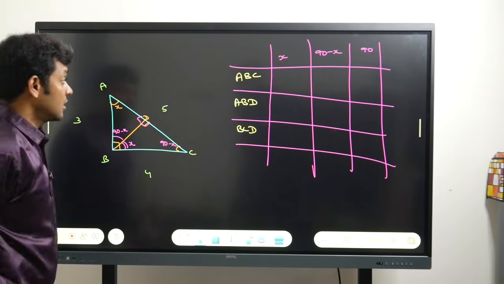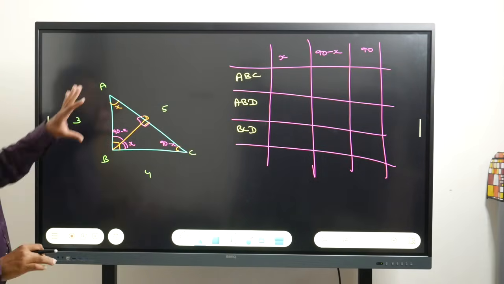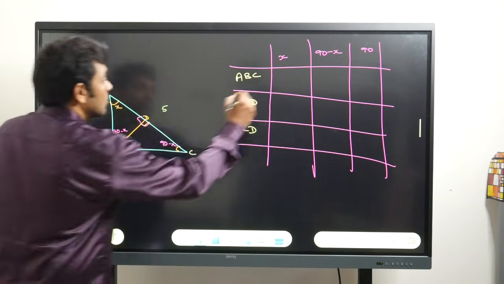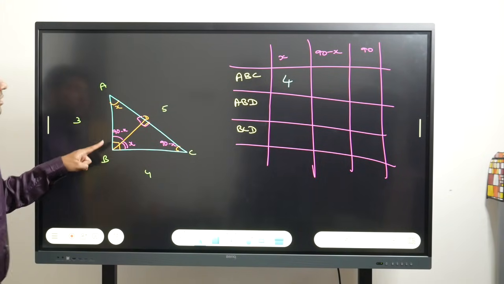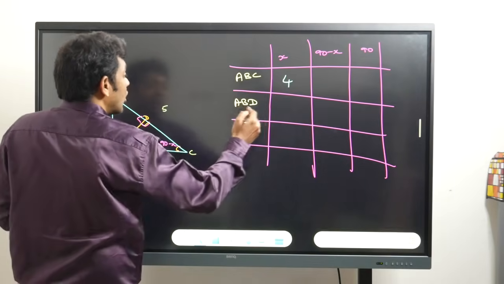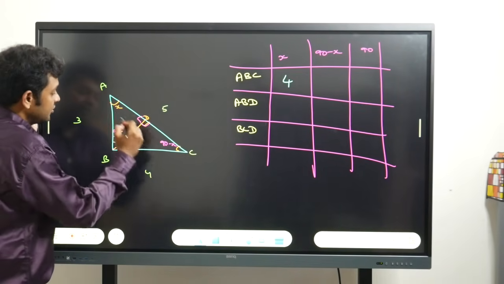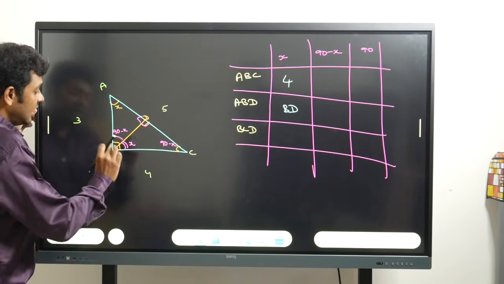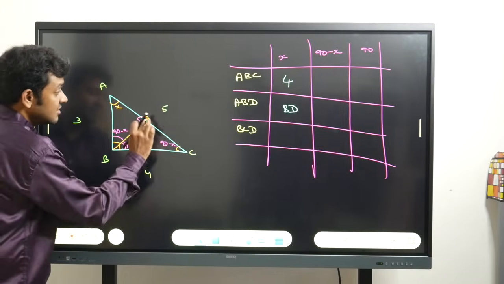Let's plot it. In triangle ABC, the bigger triangle, the side opposite x is 4. In triangle ABD, the side opposite x is BD. I don't know BD. In triangle BCD, the side opposite x is CD.